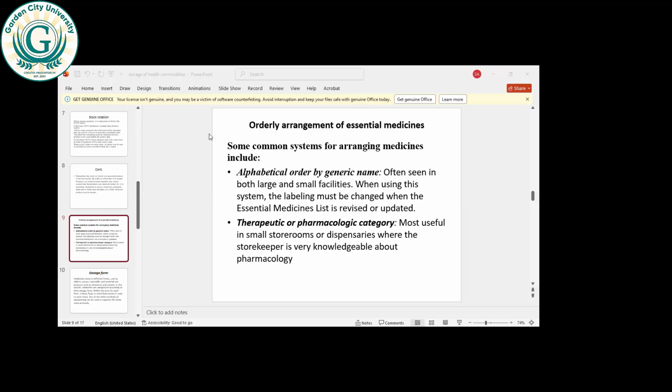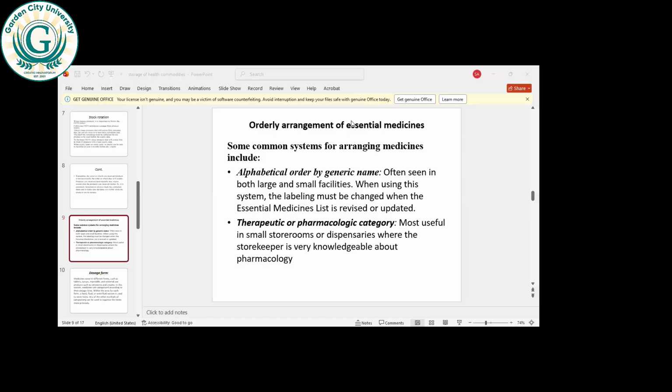Okay, so if you talk about the official name of the drug, like paracetamol, you may put all the paracetamol under paracetamol.